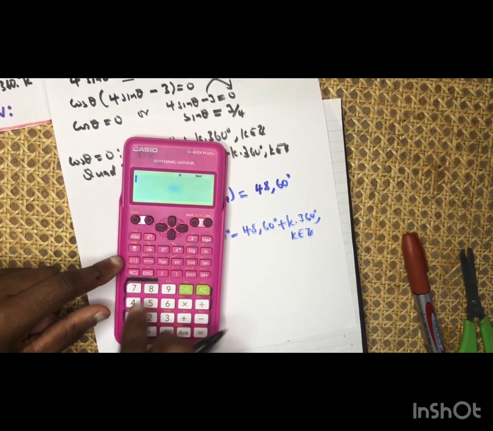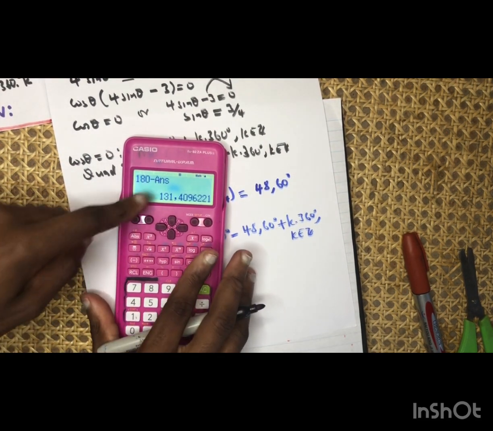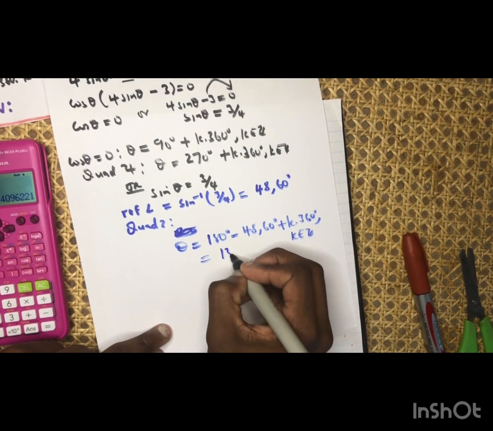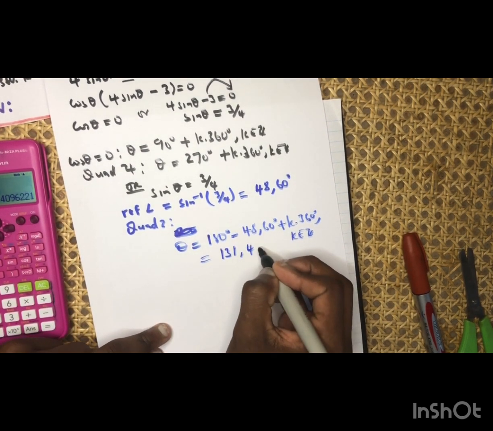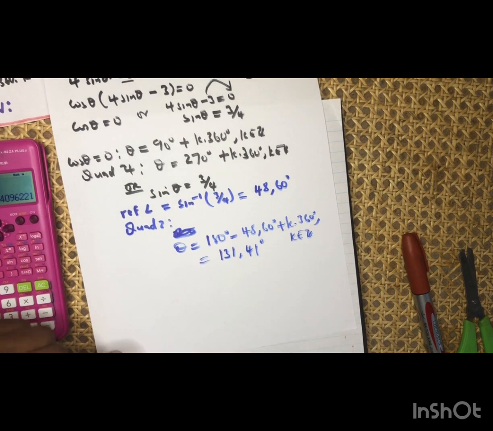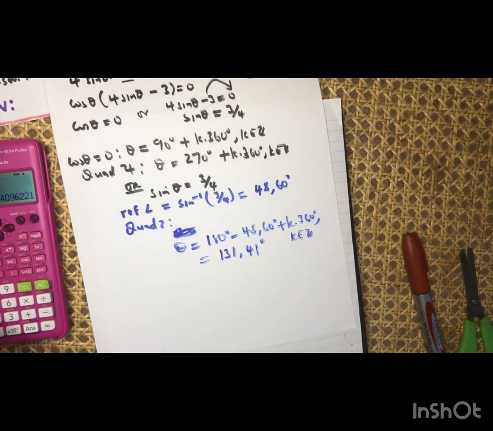So 180 minus 48.60, what do we get? 131.41 degrees. So these are your solutions.